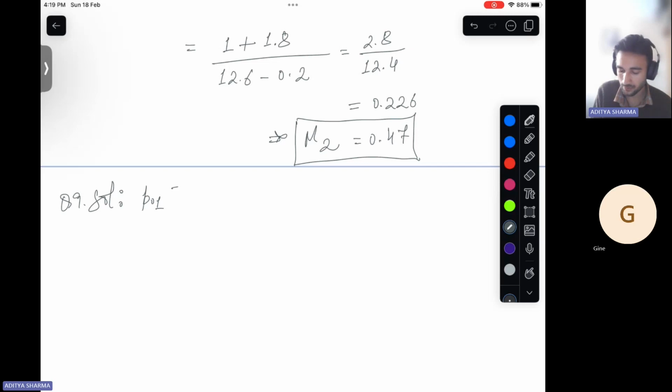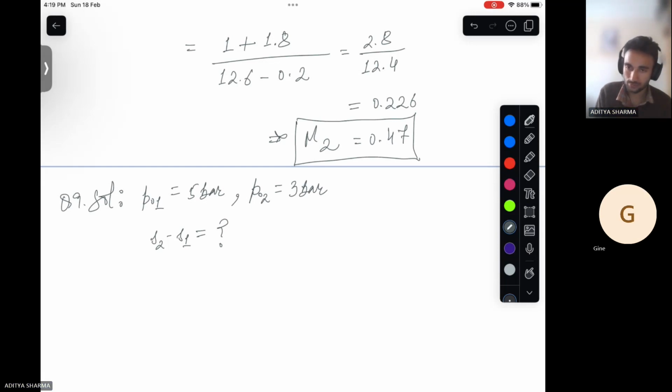Here we are provided with P01, that is 5 bar. We have been provided with P02, that is 3 bar. Right? Then we have been asked to find this. It's just a straightforward question, but it would essentially do the revision and hands-on practice of this particular formula.